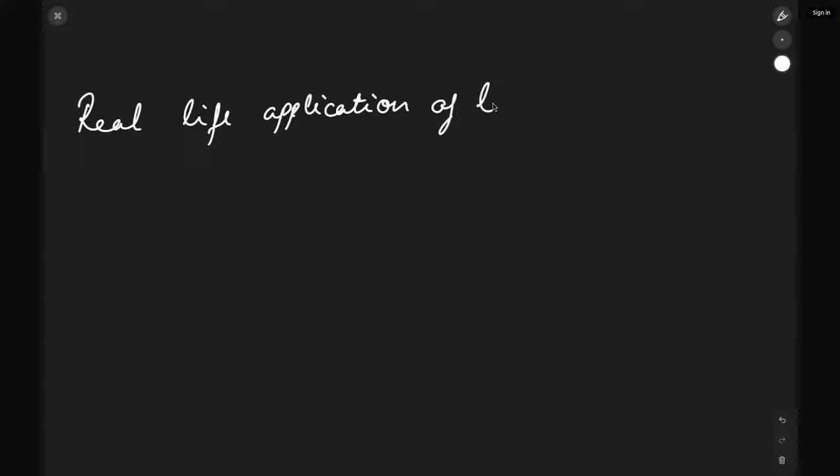Okay, so the next question that we have is the real life applications of limits. Basically, to understand this question, we must understand what limits are.